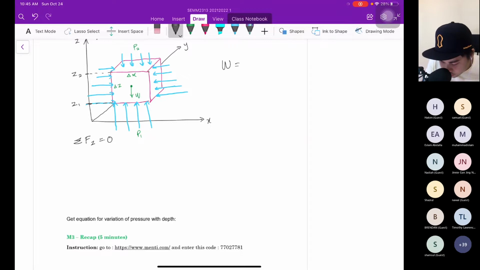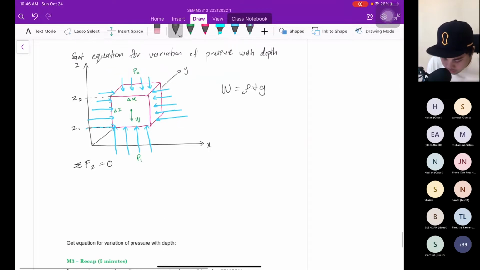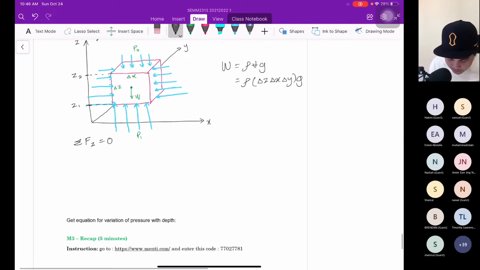Remember the weight is rho Vg, the density of the element multiplied by the volume. What is the volume? Of course delta Z, delta X, and delta Y, multiplied by gravity.